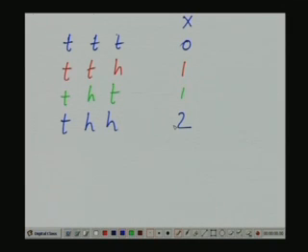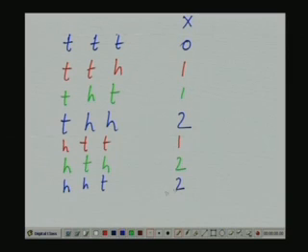It takes the value 2, because 2 H's have come. Then again HTT, 1, 2, 2, and finally 3.